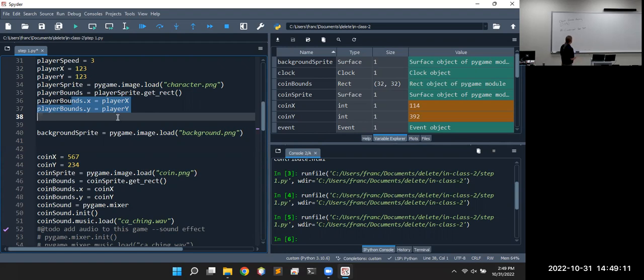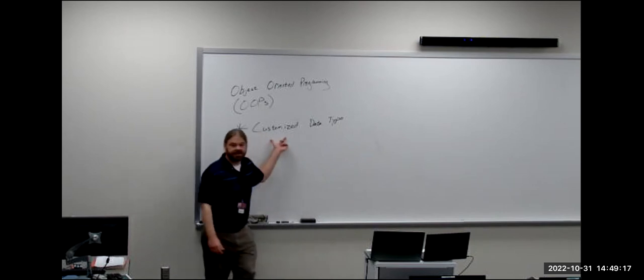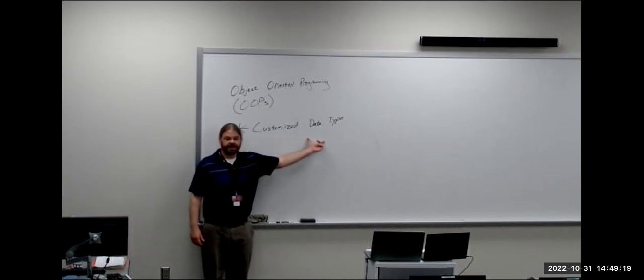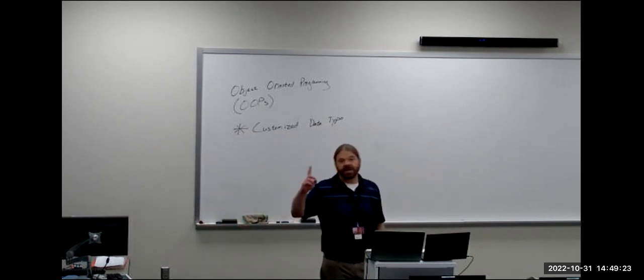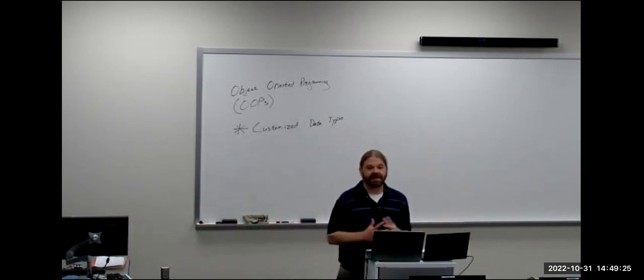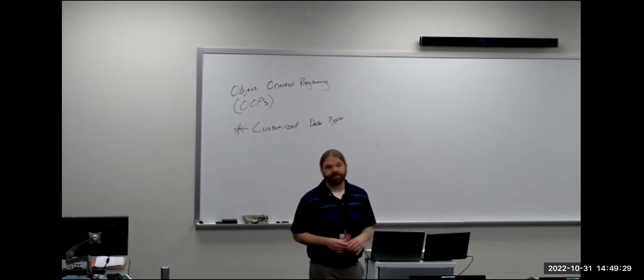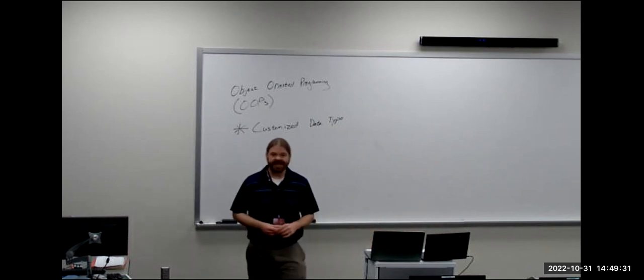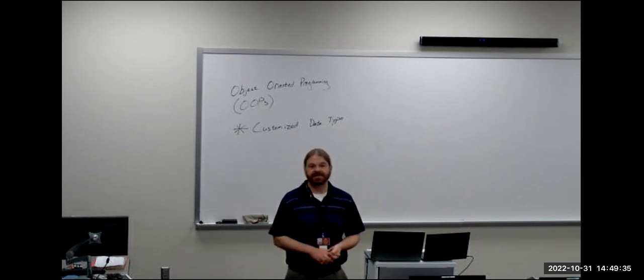So what object-oriented programming does is we're going to make our own custom data type. So instead of having a whole bunch of separate data, we're going to make one type of data that has all of that. So we combine our existing data types into a new, more complex sort of data.